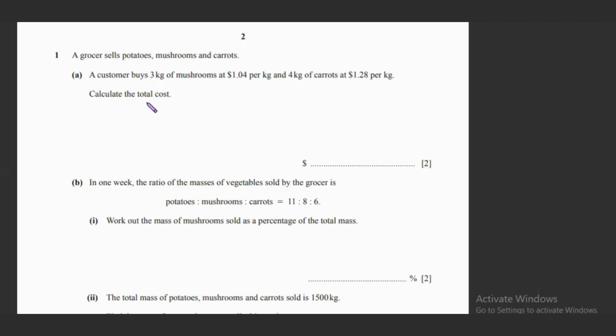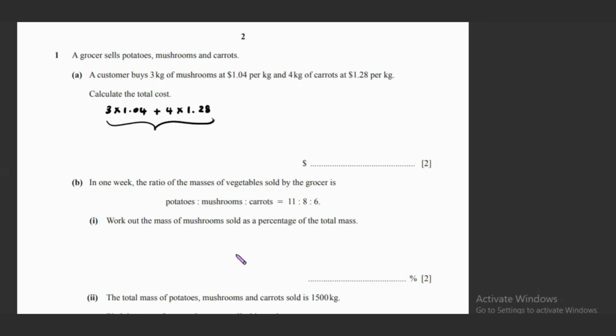So in this case, when it comes to mushroom, he's buying 3 kilograms. So 3 kilograms will cost 3 times 1.04. Then 4 kilograms of carrot will be 4 times 1.28. We multiply and add these two together.